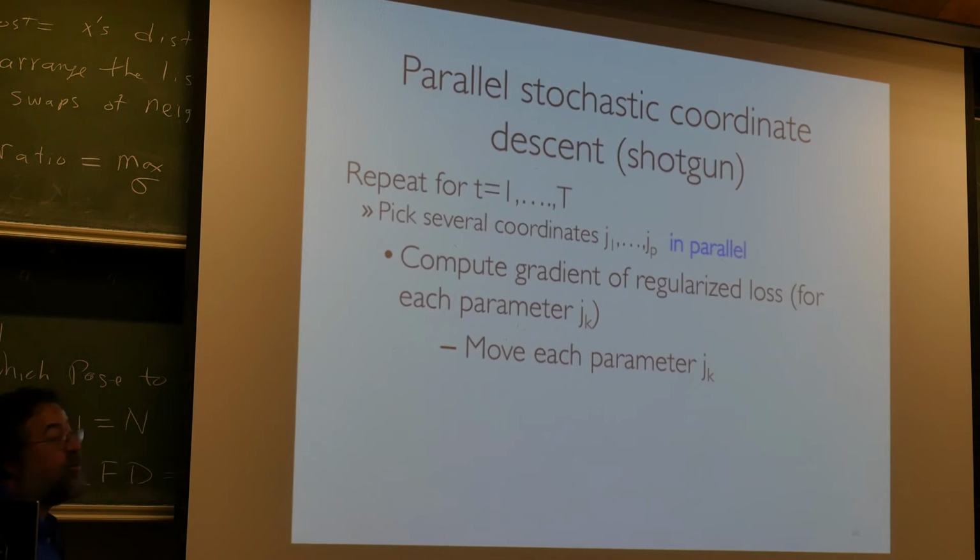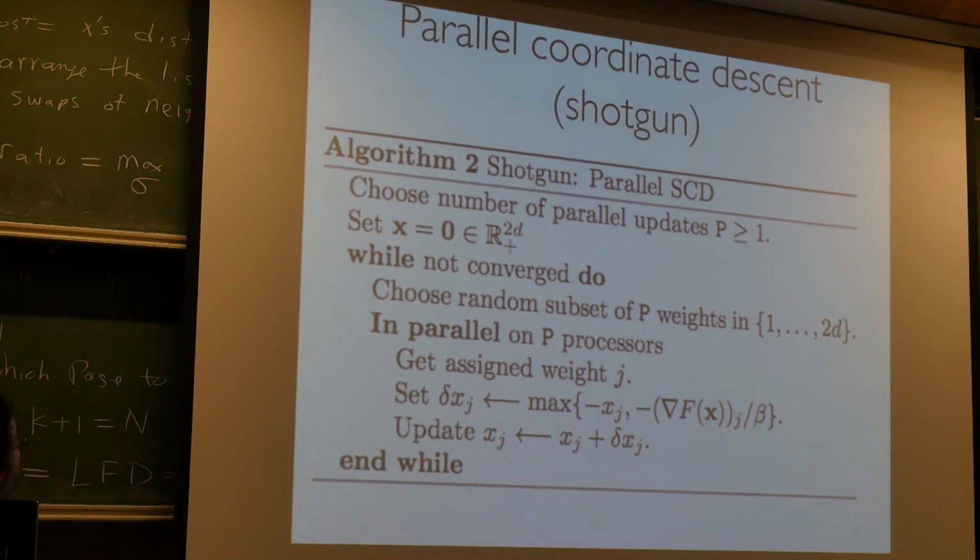I'm going to compute 10 gradients, keeping all the other ones fixed, and then I'll make a move in that direction. So that's the basic idea. Here's the pseudocode for it. I pick a random subset of weights, and then in parallel, I figure out what the gradient is, and I move in that direction.